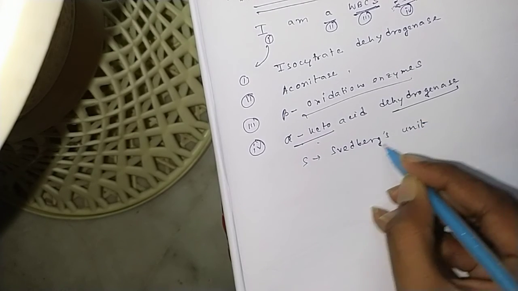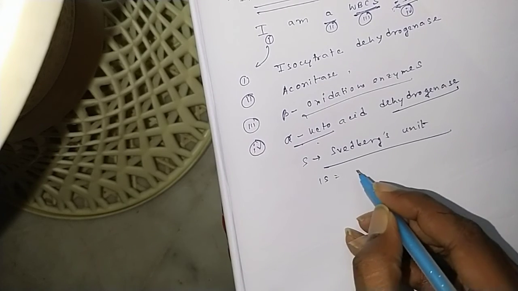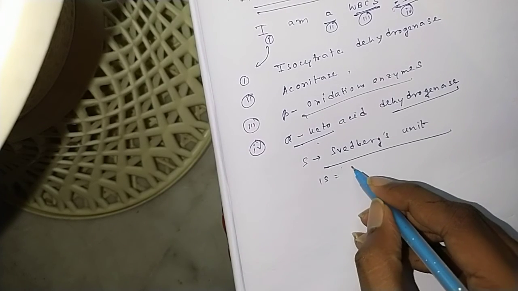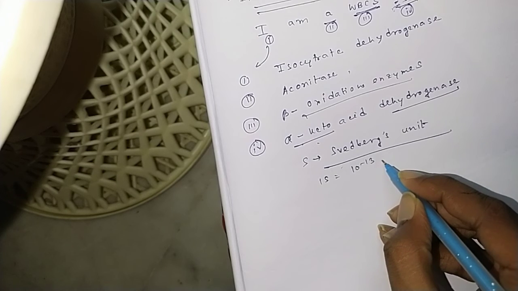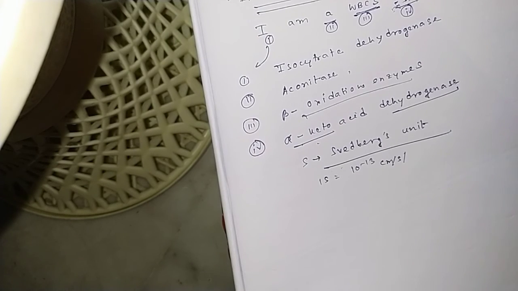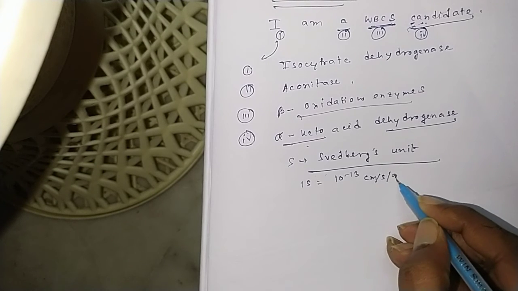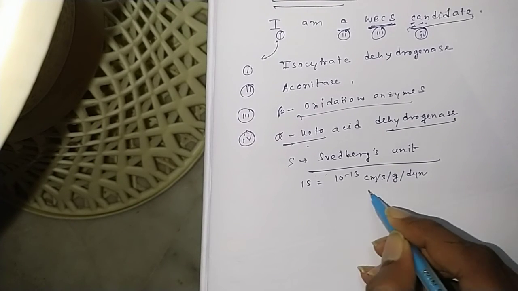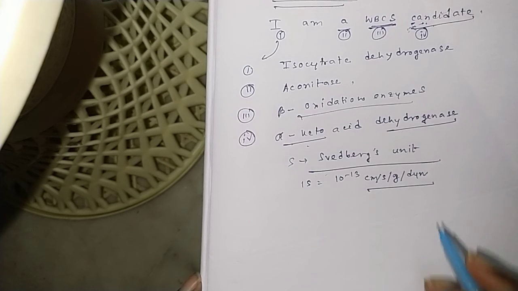Okay, now the Svedberg's unit 1S is equal to 10 to the power minus 13 seconds, or simply you can say Svedberg. Okay, so that is very important, and it is called the centrifugation unit.